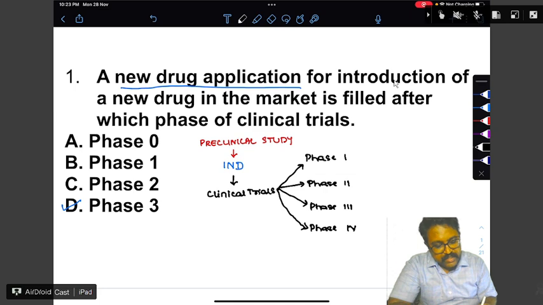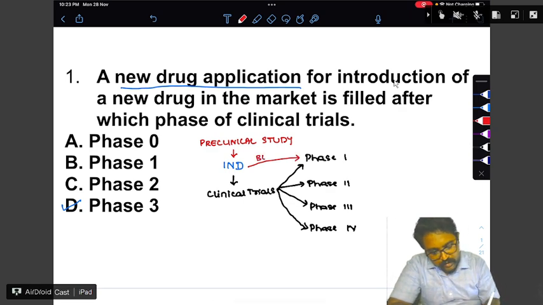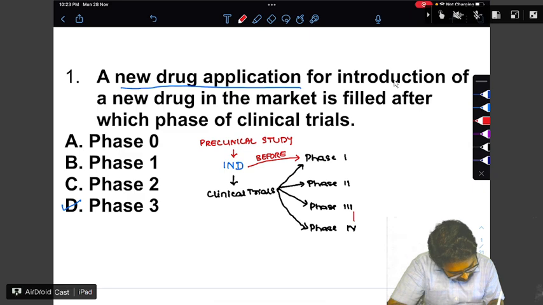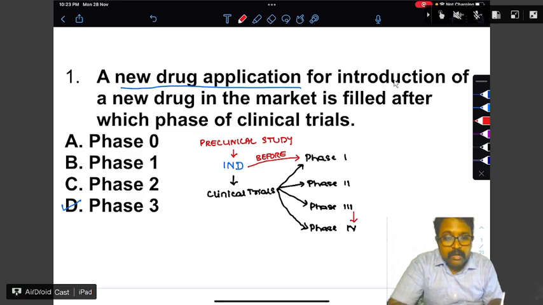So the investigational drug application is applied just before phase 1, whereas the new drug application will be done just before going to phase 4.